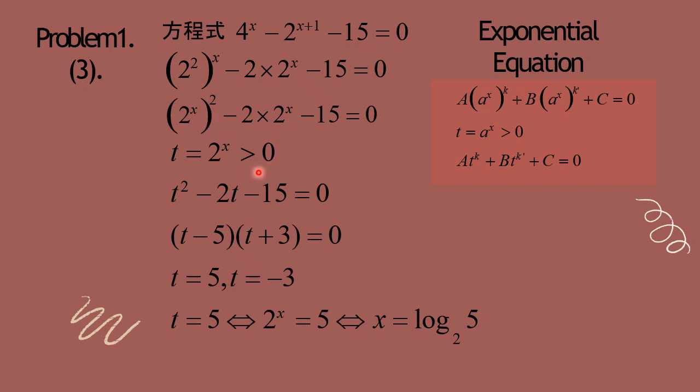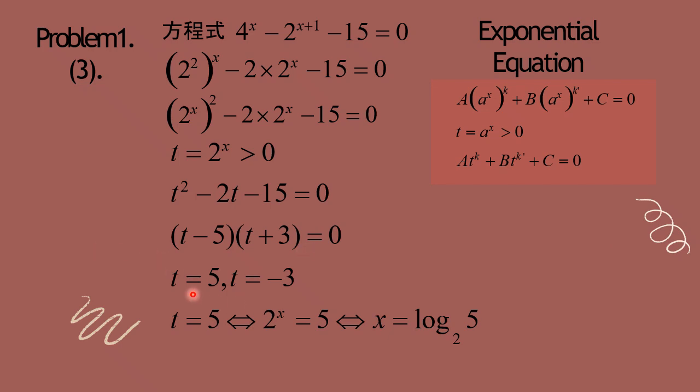The same, we substitute it by t, which is positive for all x, so it will become t squared minus 2t minus 15 equals 0, and we have a quadratic equation, so we can write it in the product form by factorization into t minus 5 multiplied by t plus 3 equals 0.